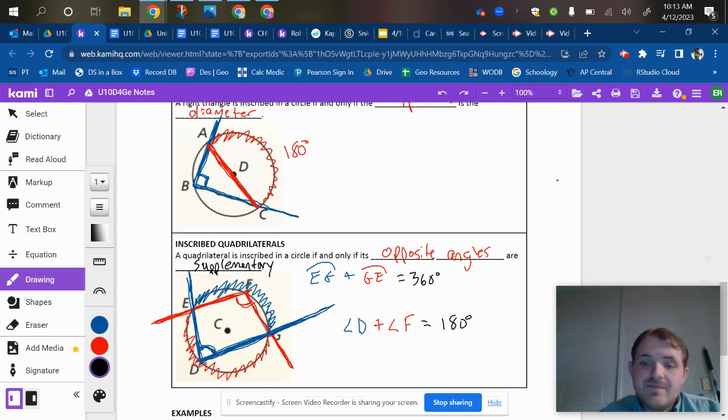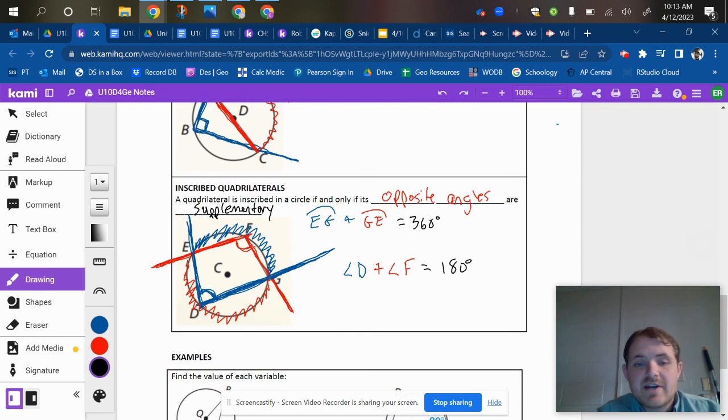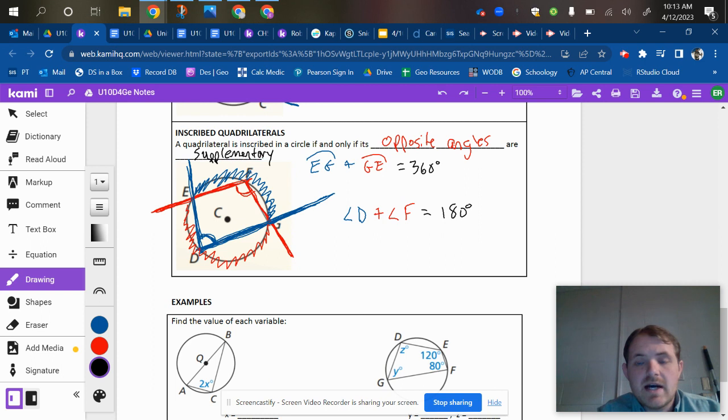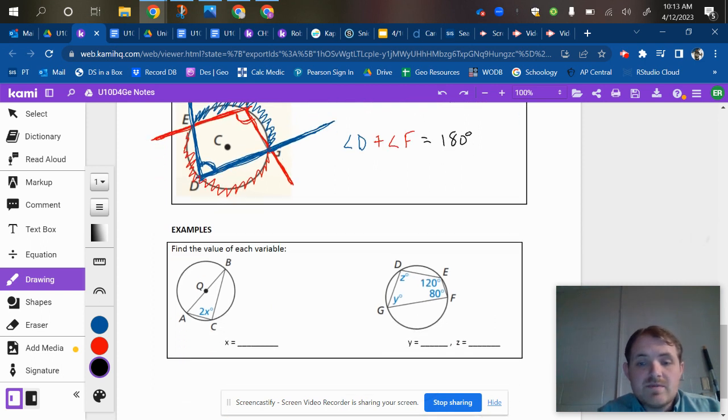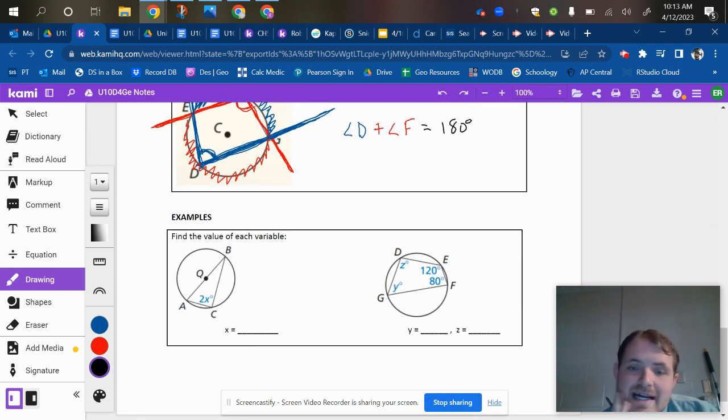Whatever you do to one side, as long as you do it to another, it's fair game in an equation. So looking here, I think that probably the right one feels a little bit more. It doesn't actually matter. So as we look at this, we've got a diameter here. We'll start on the left because it's going through the center. And if you remember the if and only if statement at the top, if that line is going through the center, I can automatically call that my hypotenuse.